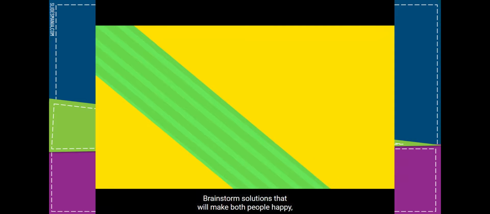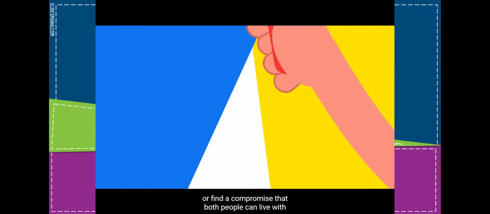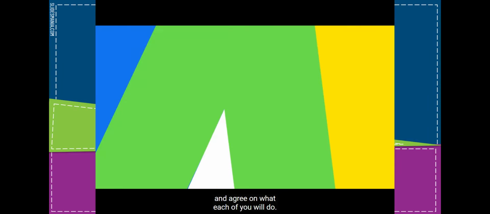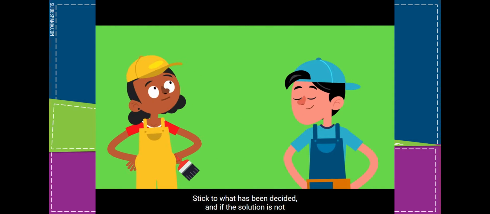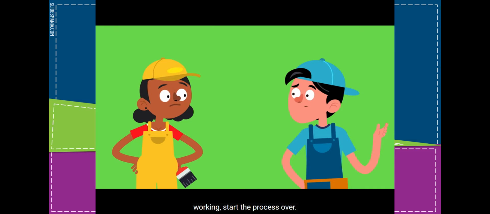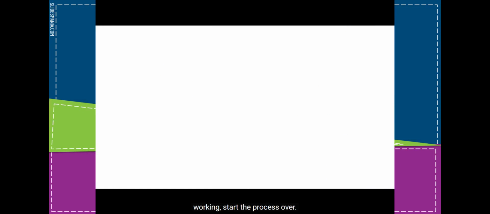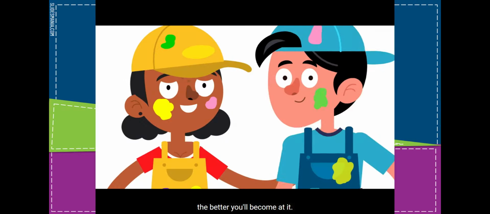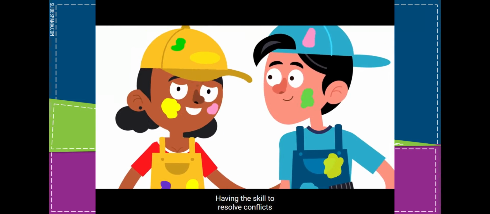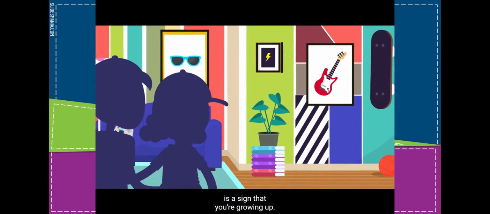Brainstorm solutions that will make both people happy, or find a compromise that both people can live with and agree on what each of you will do. Stick to what has been decided, and if the solution is not working, start the process over. The more you practice conflict resolution, the better you'll become at it. Having the skill to resolve conflicts is a sign that you're growing up.